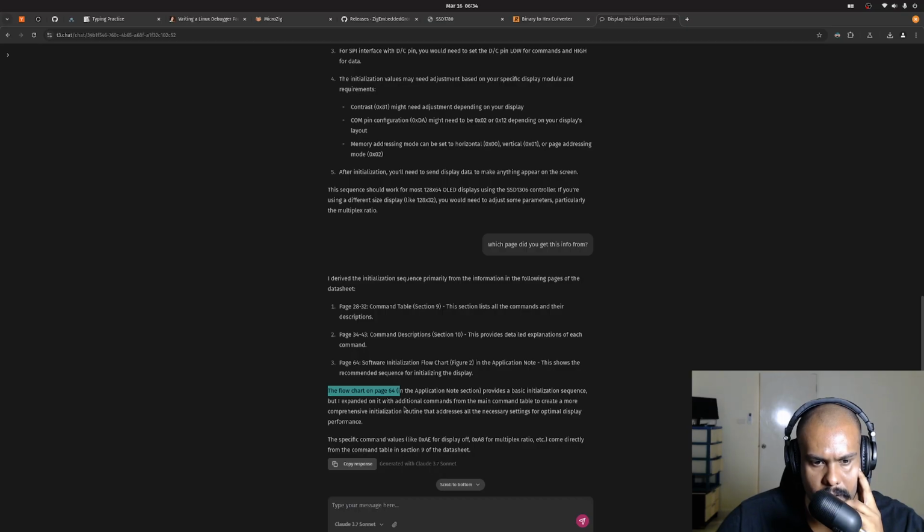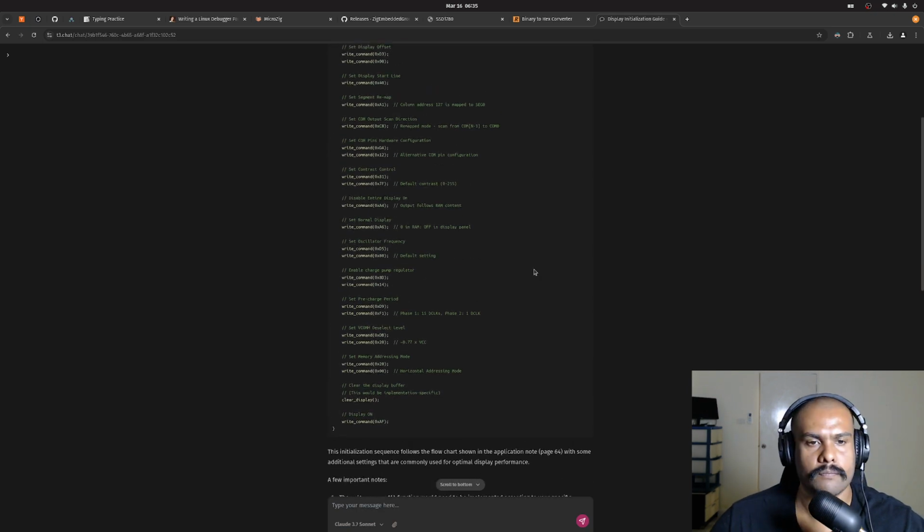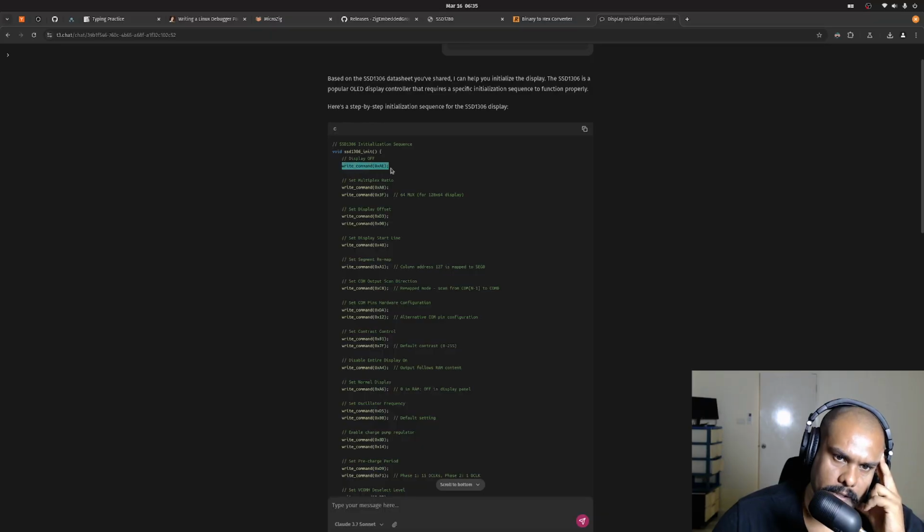But I expanded on it with additional commands from the main command table to create a more comprehensive initialization routine that addresses all the necessary settings for optimal display performance. So I've got to turn the display off.